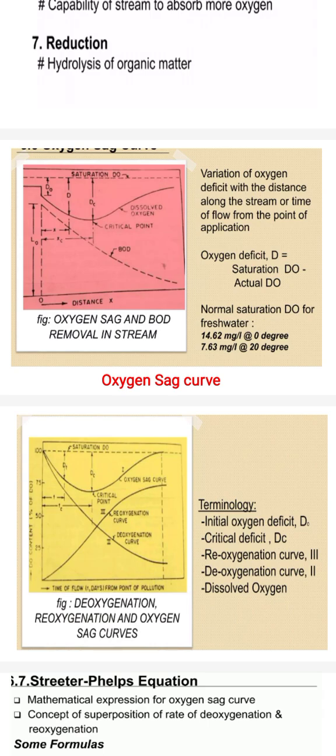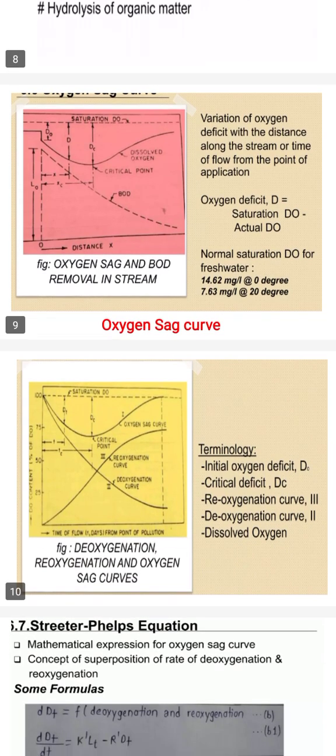That means how the oxidation process of the organic matter takes place, which is shown by the dotted line. Initially the organic matter is at a high stage, and as soon as the sewage is discharged into the river, it takes the dissolved oxygen, immediately it starts getting decomposed, and hence BOD is satisfied.